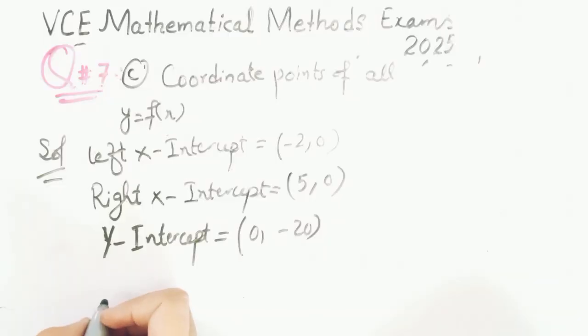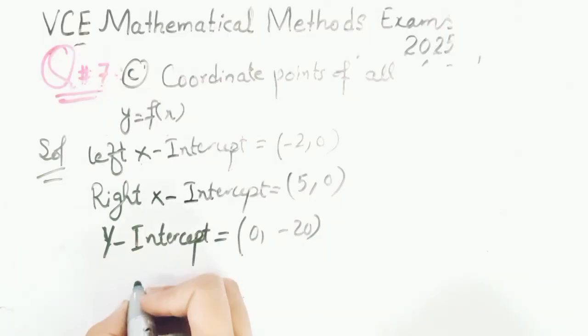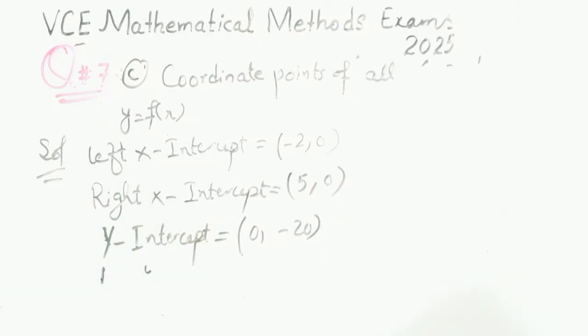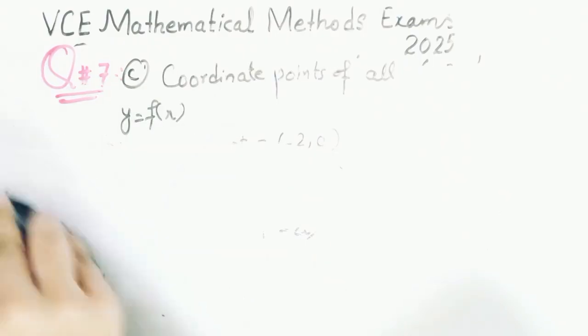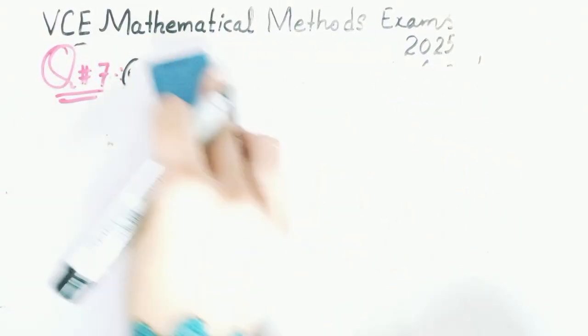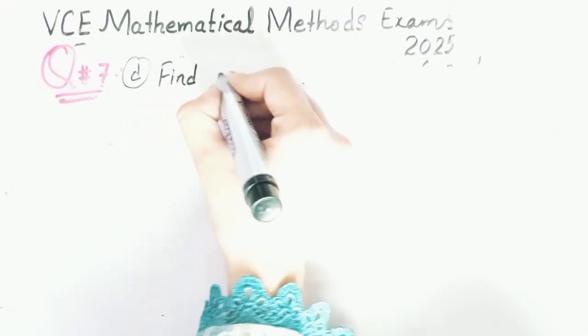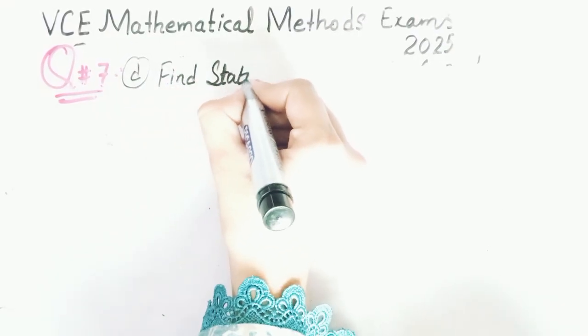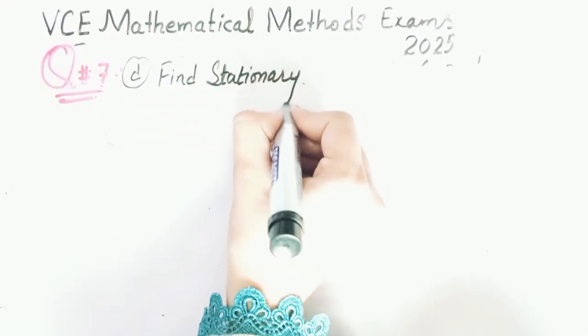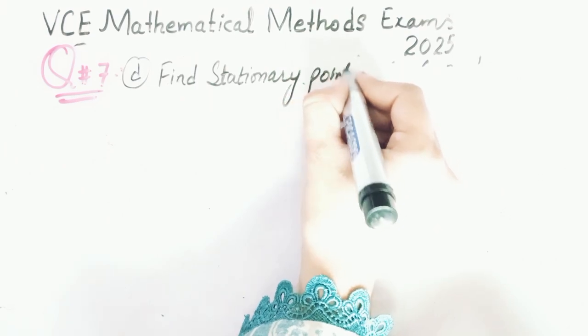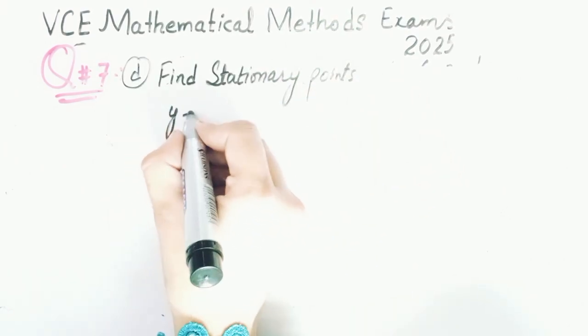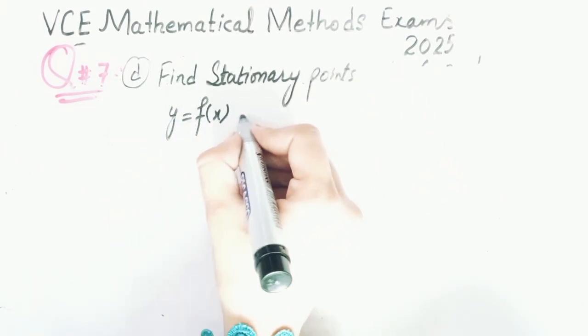Now in part D, he said to find the stationary point of y equals f of x, g of x.